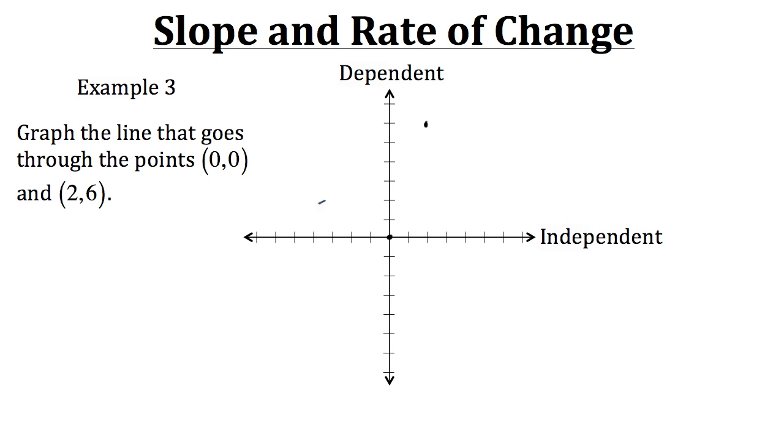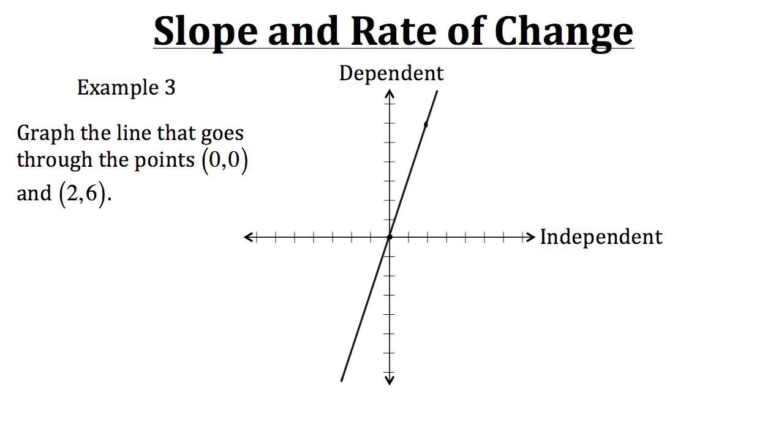If you have a ruler or another type of straight edge, you could just line up those points, and then from there draw the linear function. So that's how we would draw a linear function when given 2 points.